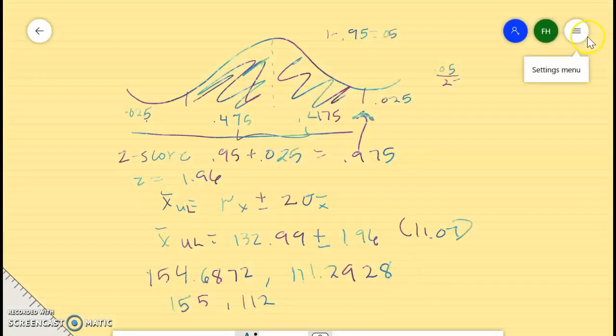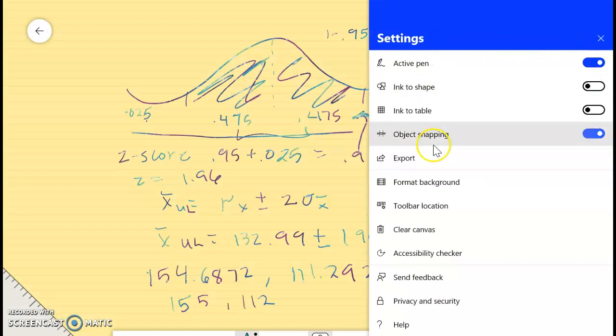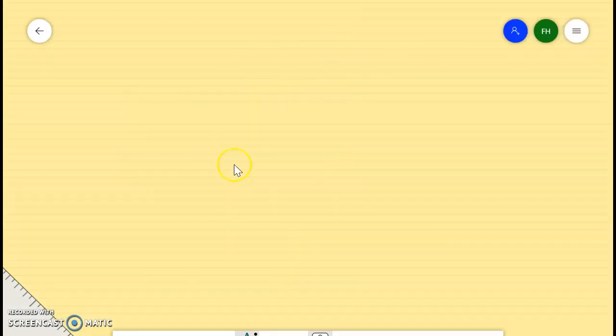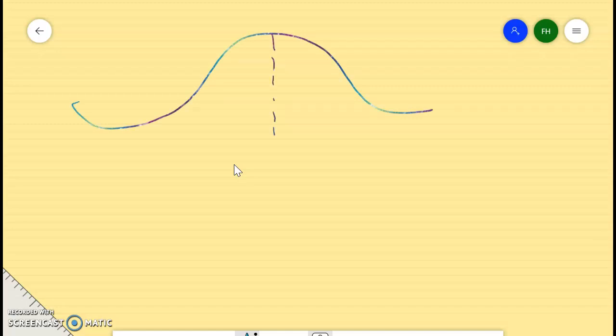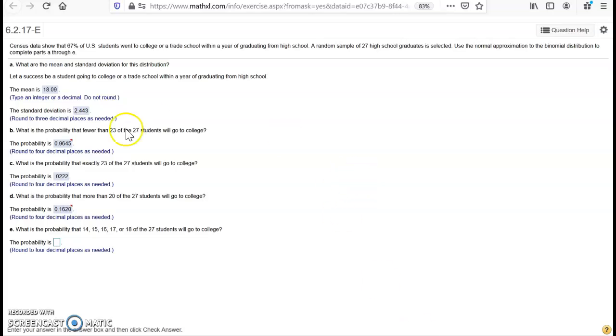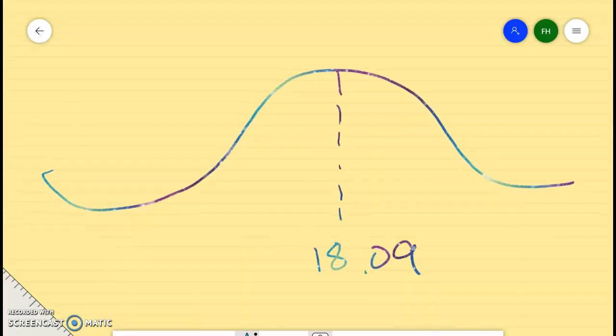So the first thing I like to do is to draw what we're looking at here. First of all, we had found that the mean was 18.09, and so we're wanting to find the probability that more than 20 students will go to college.